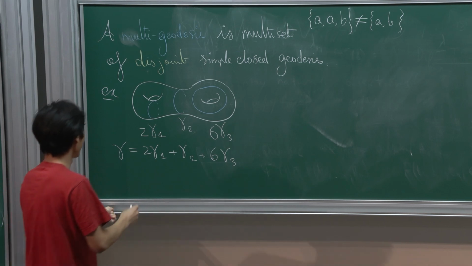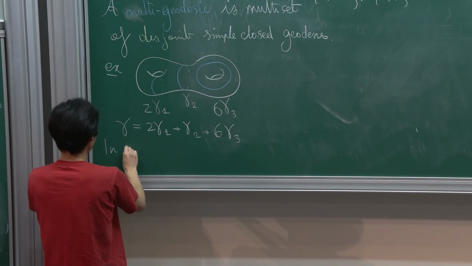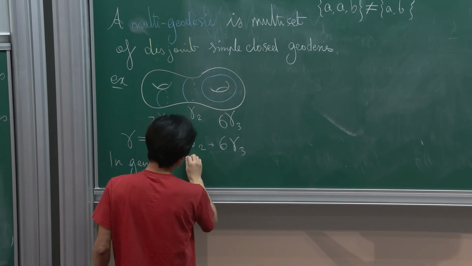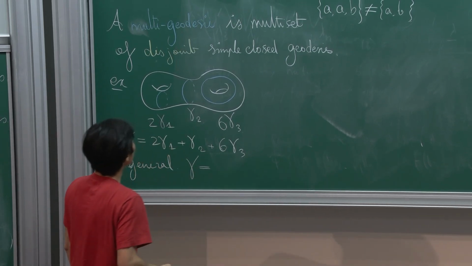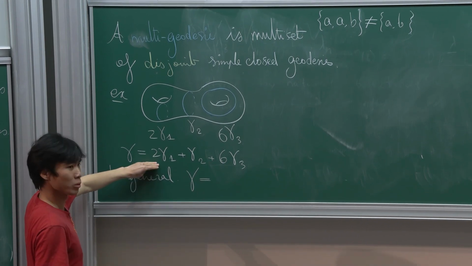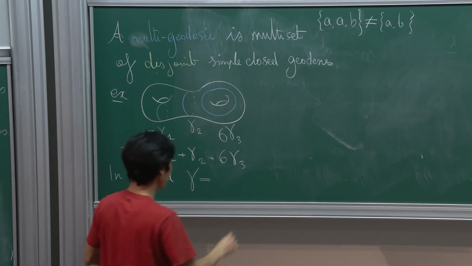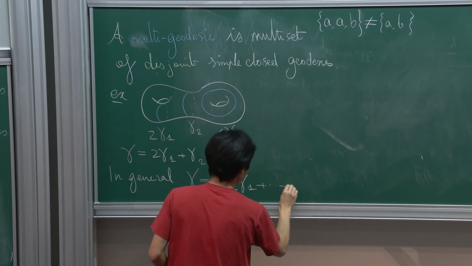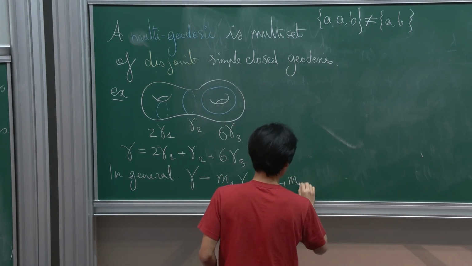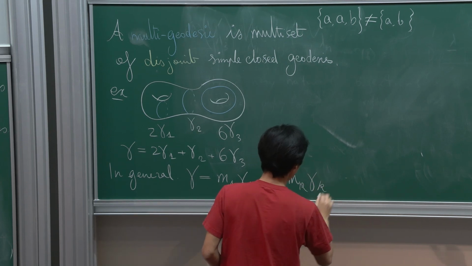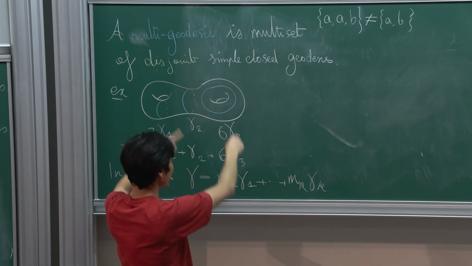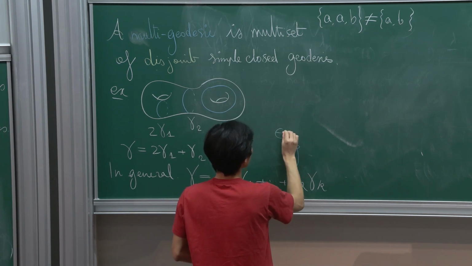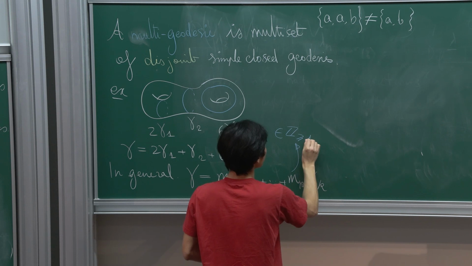And in general, you can always write any multi-geodesic as a formal sum m_1 gamma_1 plus something, plus m_k gamma_k, where the gamma_i are curves like this and the m_i are positive integers.